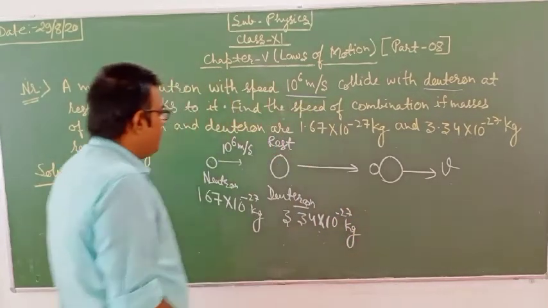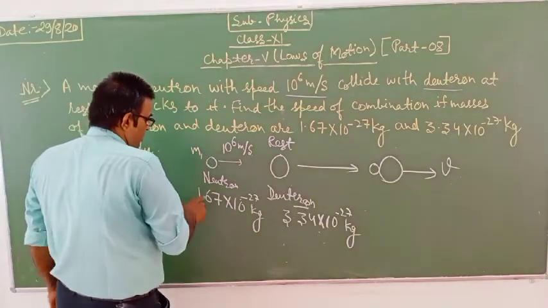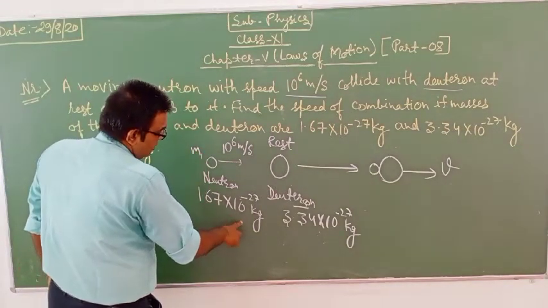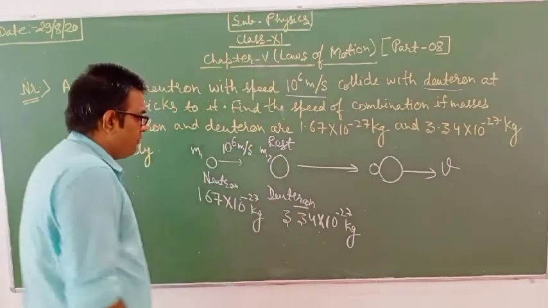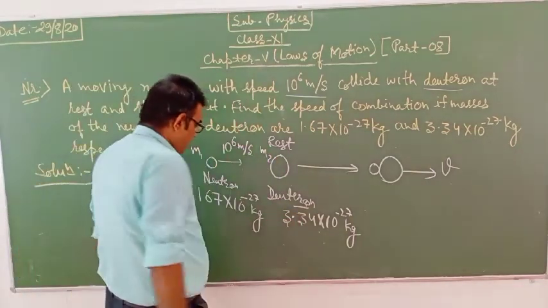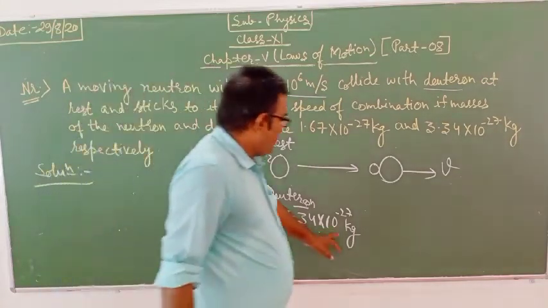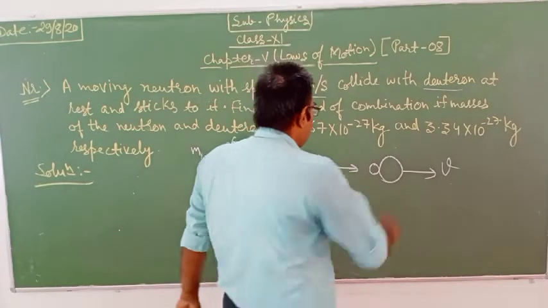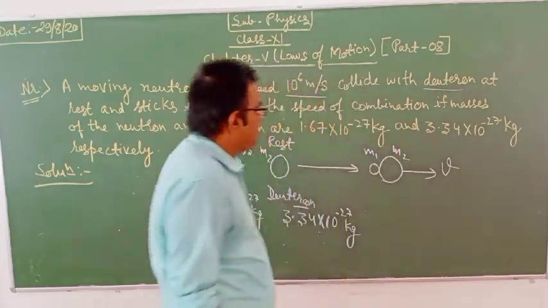Suppose this mass is m1, which is equal to 1.67 into 10 to the power minus 27 kg, and this mass is m2, which is equal to 3.34 into 10 to the power minus 27 kg. Now both m1 and m2 stick with each other and move with a common velocity.